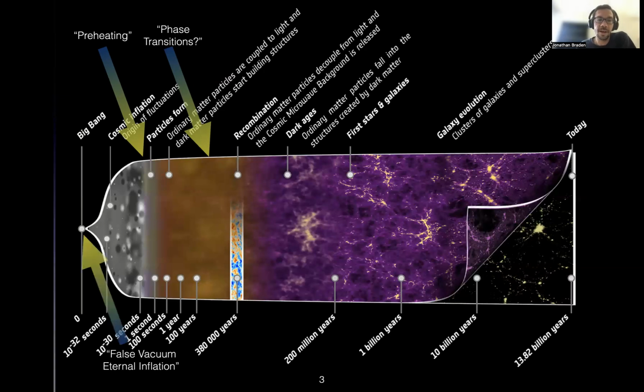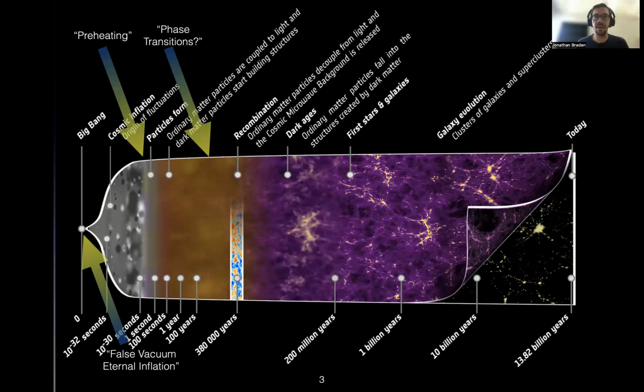And similarly, before inflation started, we think there was a singularity or something that smoothed out a singularity, the Big Bang if you want. And so one model for what the Big Bang was is this false vacuum eternal inflation model, where on very, very large scales, the universe is trapped in some metastable minimum and it's nucleating bubbles. And inside of one of these bubbles is where our entire observable universe exists.